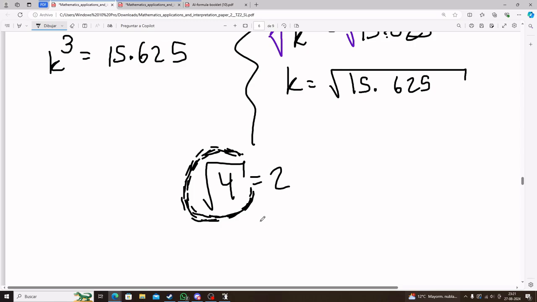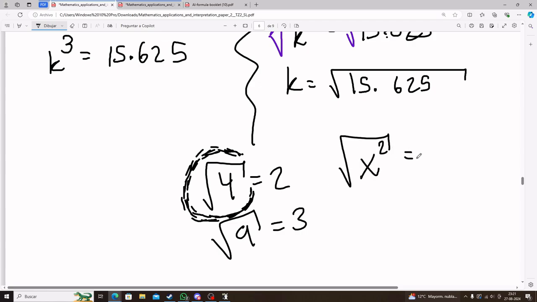That's also why the square root of 9 is 3, because 3 times 3 gives you 9. And the square root of x squared: what thing multiplied by itself gives x squared? x times x gives you x squared, so the square root of x squared is simply x.